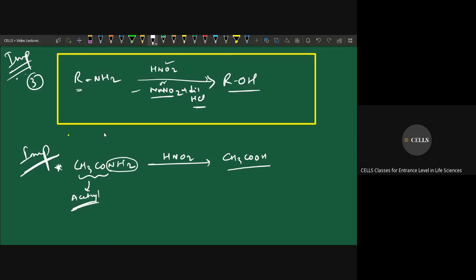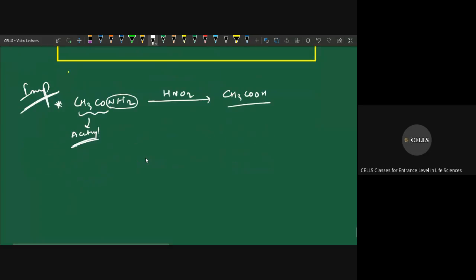Now another important thing. Suppose this NH2 is present on the benzene. We'll discuss these kinds of reactions later in organic chemistry, but as we are studying amines, I am discussing everything. If you do this, you will not get any OH over here. Suppose you are doing NaNO2 plus HCl, you will not get OH. This is another important reaction you need to remember.